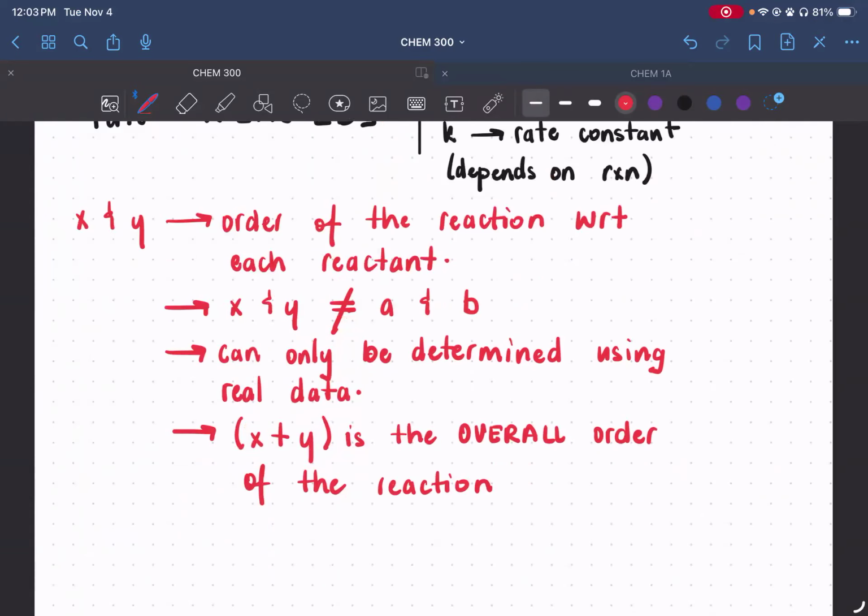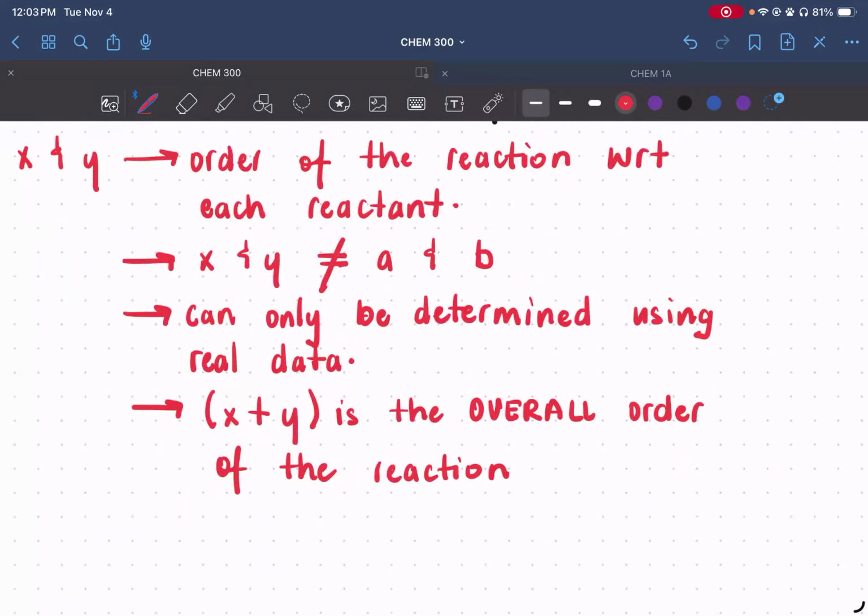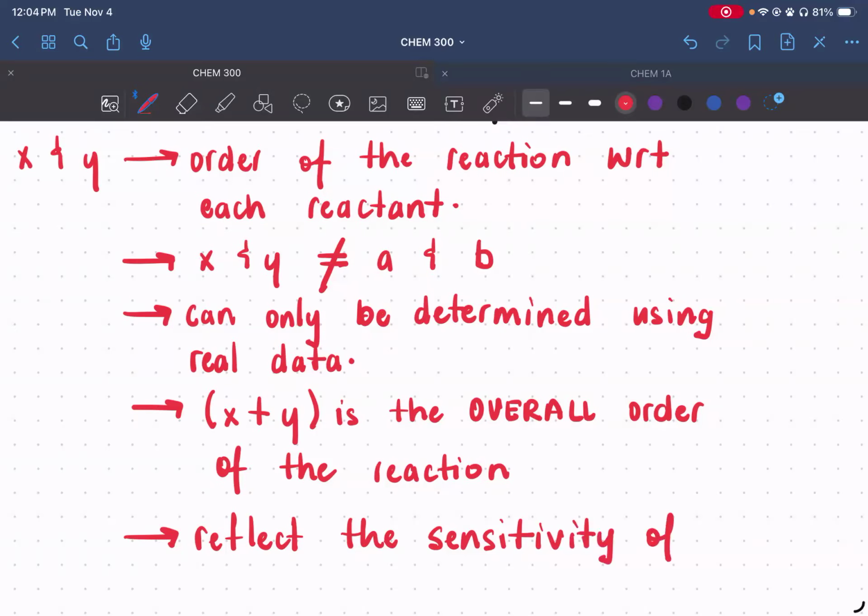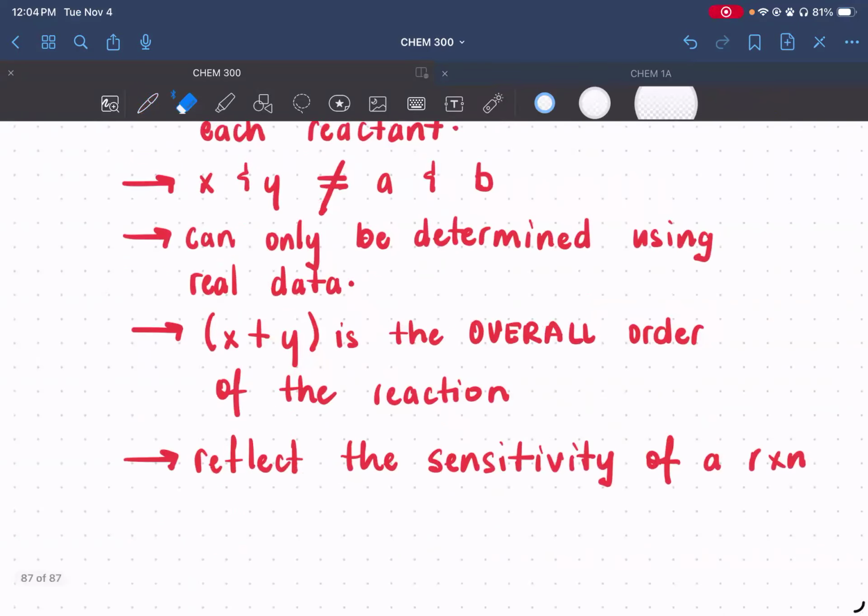Now, what these values, X and Y, physically represent is that they reflect the sensitivity of the reaction, sensitivity of a reaction to a chemical.